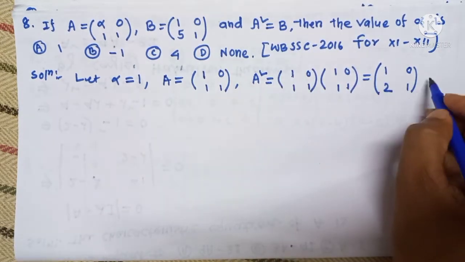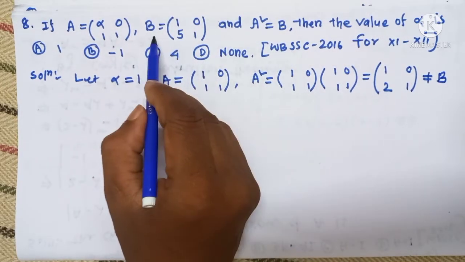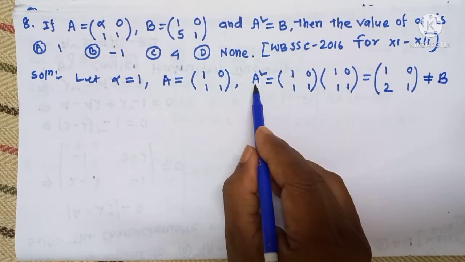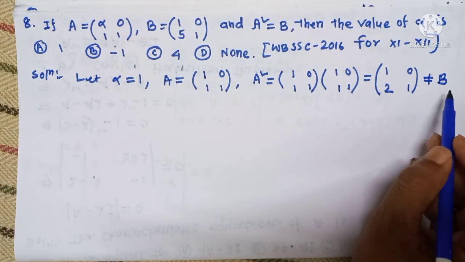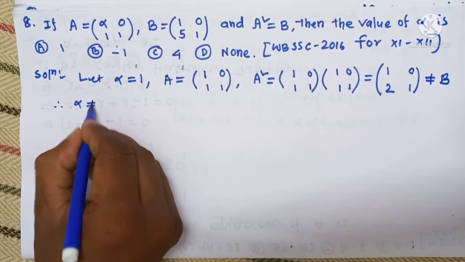This is not equal to B, because B equals 1, 0, 5, 1, so A square is not equal to B, so alpha is not equal to 1.